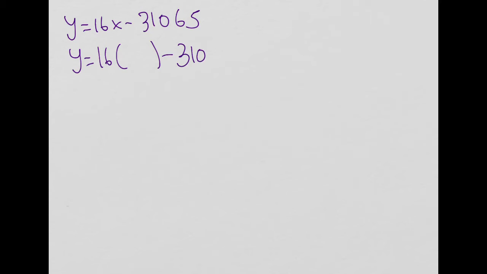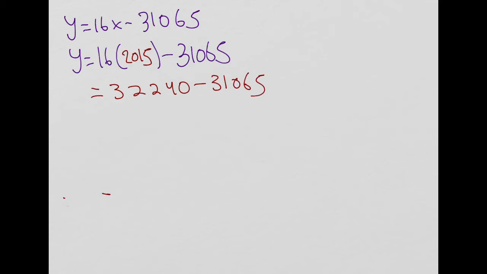So my formula is y equals 16x minus 31,065. And I'm going to substitute 2015 in here. So I'm going to multiply 16 times 2015. Gives me 32,240 minus 31,065. Get 1,175.